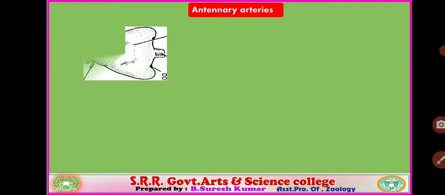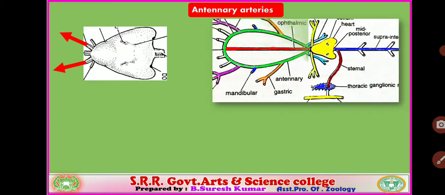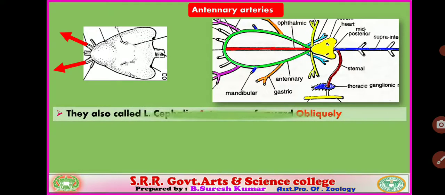Next, another major artery, antennary artery. They are paired arteries. You verify in the diagram, and in the organization you have to verify it. So they are earmarked with green color tubes. Antennary artery, one pair, one on either side. They are also called lateral cephalic arteries.